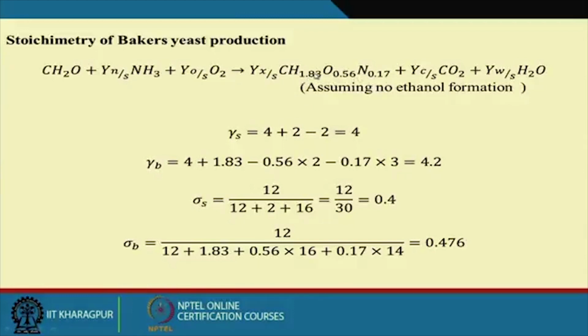Let us assume this formula for baker's yeast is like this, with yc/S carbon dioxide and yw/S water. Now, the degree of reduction of substrate and of biomass comes to 4 and 4.2, and sigma S and sigma B are like this.